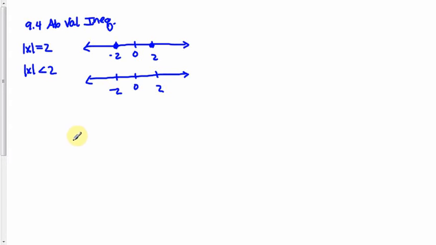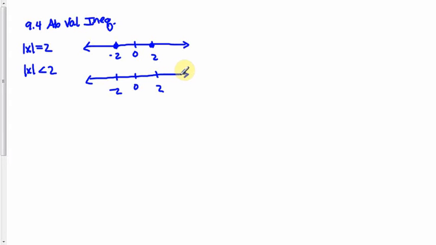What numbers have absolute values that are less than 2? One, I heard 1. Absolute value of 1 is what? What's the absolute value of 1? 1. Okay. What about 3?